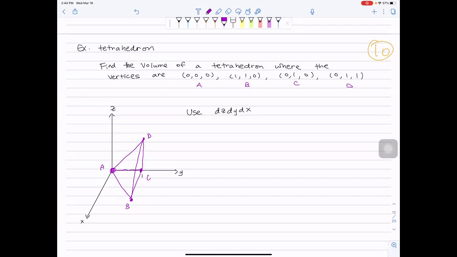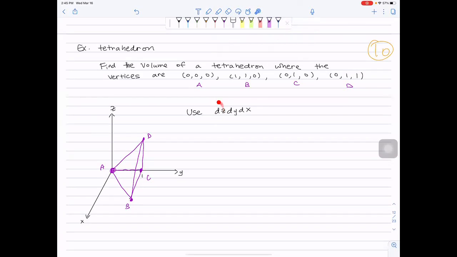The first step, and I'll tell you to use the order dz, dy, dx, is to find the dz bounds. In the double integral case, we've been slicing lines in the increasing x direction or increasing y direction.